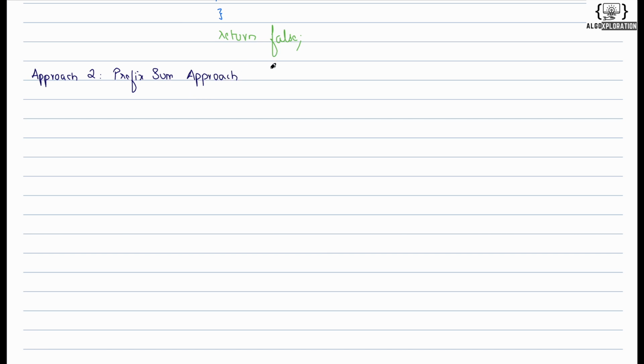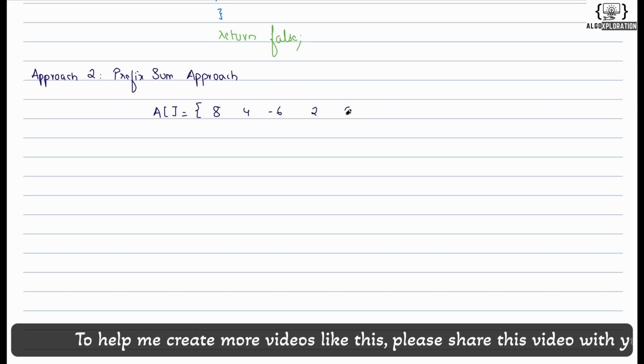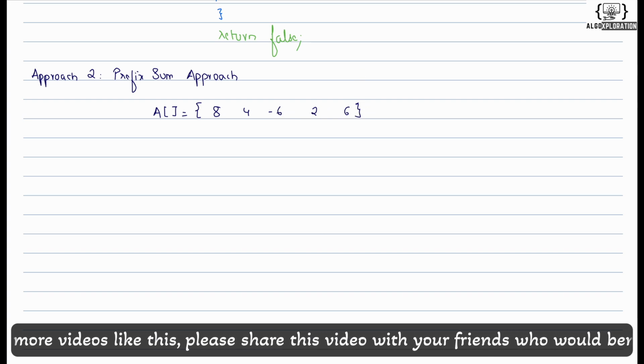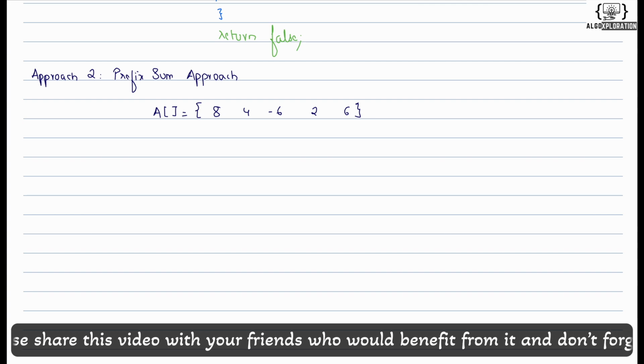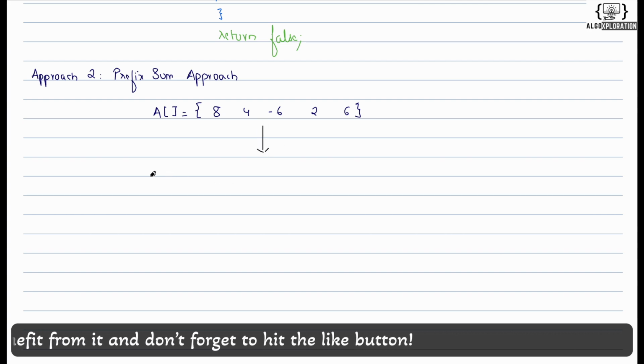Let's take this array A. Inside this we have 8, then 4, minus 6, 2, and then 6. Now if we try to convert it into a prefix sum array, it will look like this. I hope you know what prefix sum is.